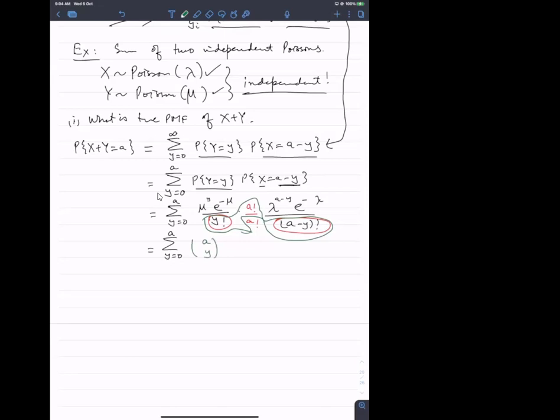I multiplied and divided by a factorial so that I can write it as a choose y. And this would be 1 over a factorial that comes along. And then you also have e to the minus lambda and e to the minus mu, so e to the minus lambda plus mu.